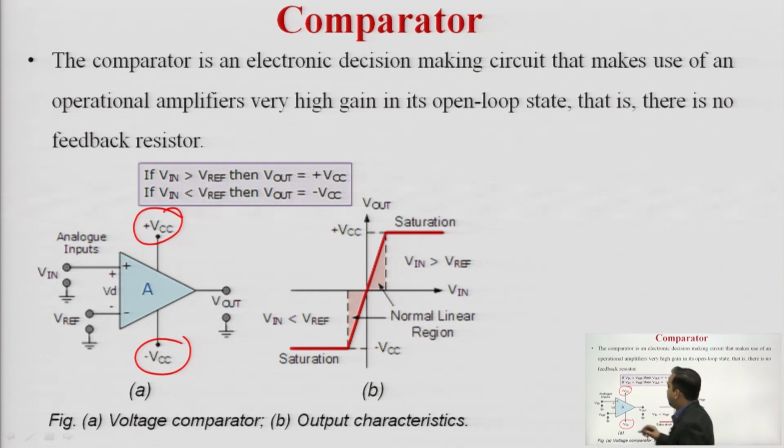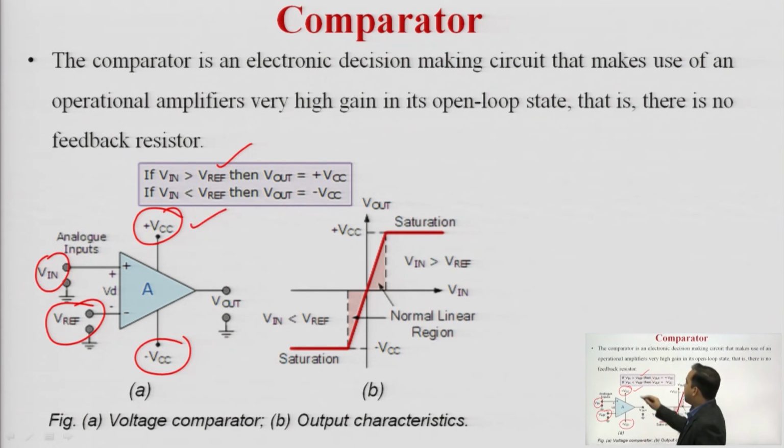We have one fixed voltage, the reference voltage, V reference, and whenever the input voltage is greater than V reference, the output will be VCC, and whenever the input is less than V reference, the output is minus VCC.